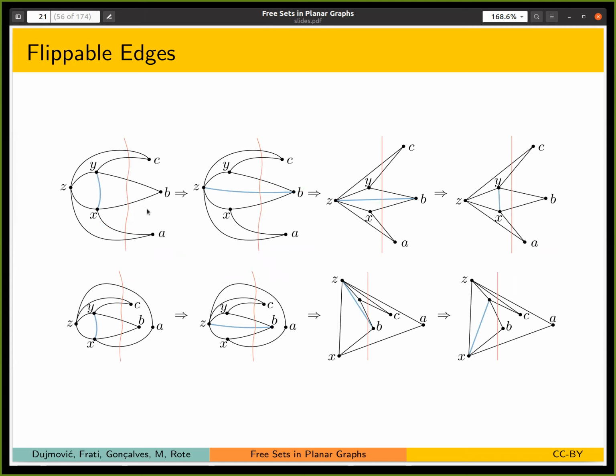Now there's other kinds of edges, ones that live on one side, but the two faces don't live on one side. So up top is one example. Here you see there's a blue edge. It's on one side of this curve, but one of its faces crosses over the curve.